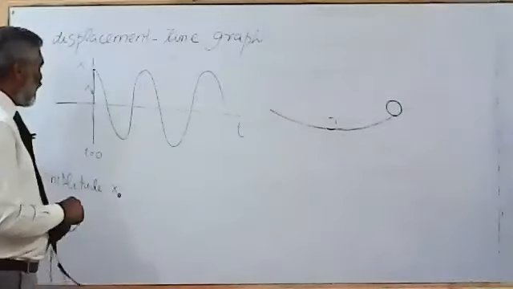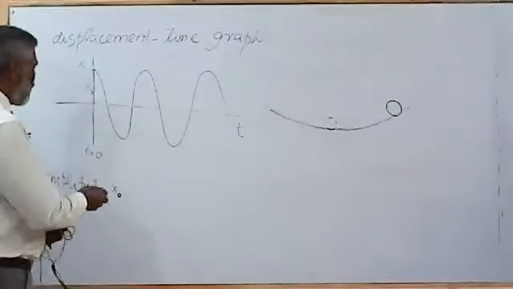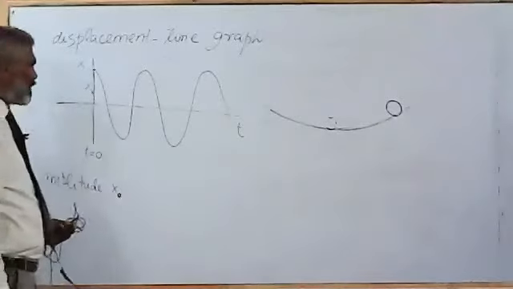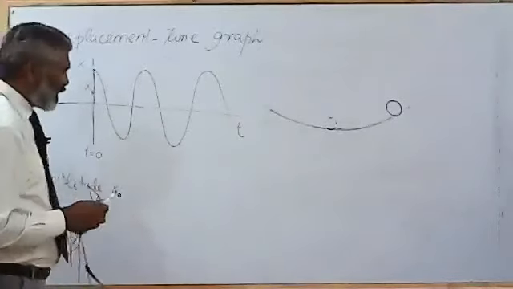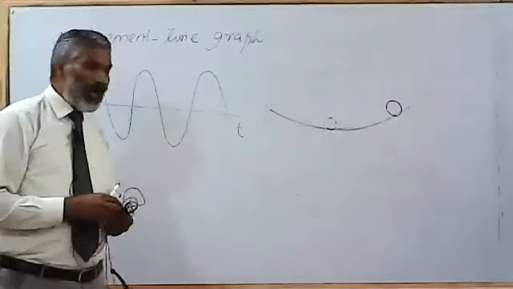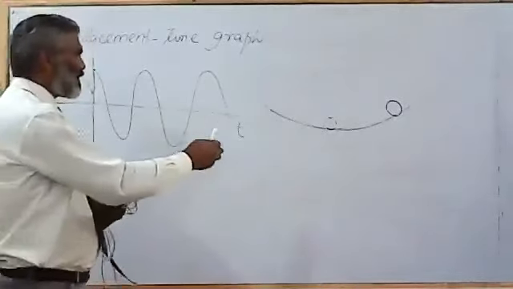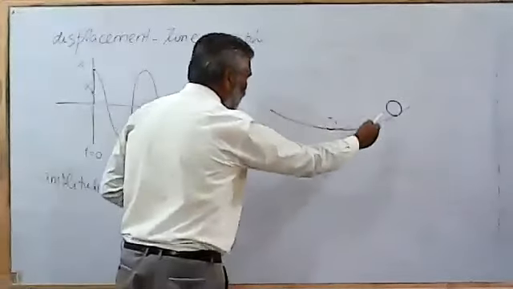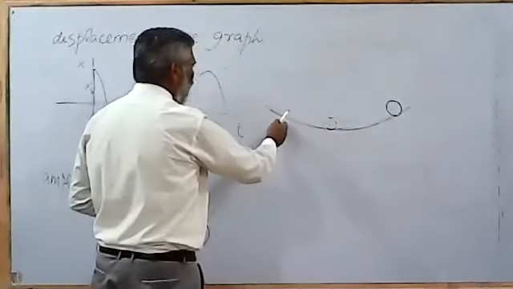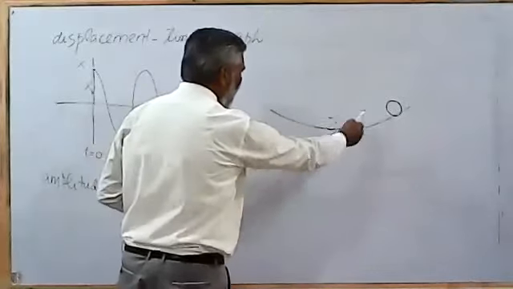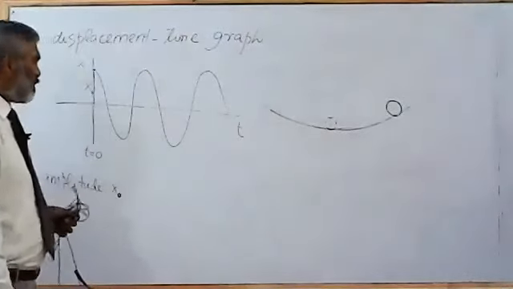The second quantity that can be readily seen from this graph is the time period of its oscillation. What time it takes to come from this position to this, then to move to this position, and then come back to where it started.